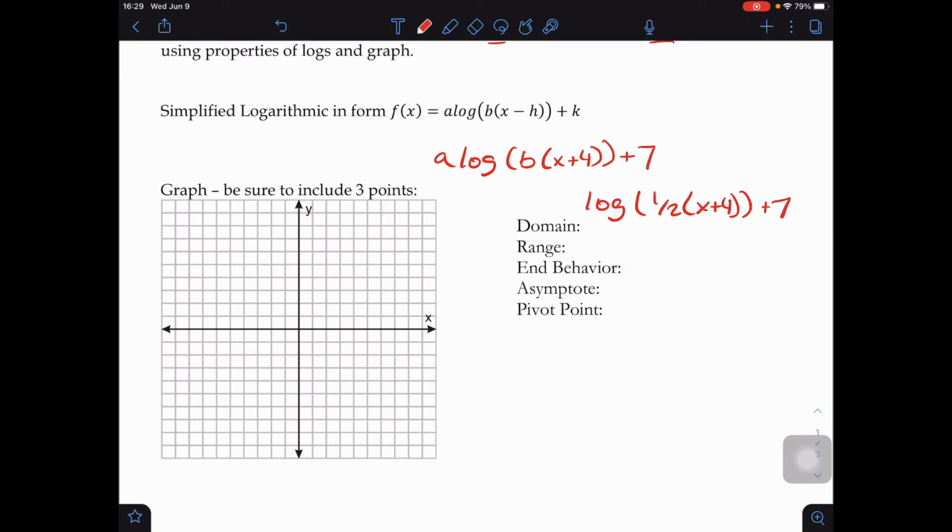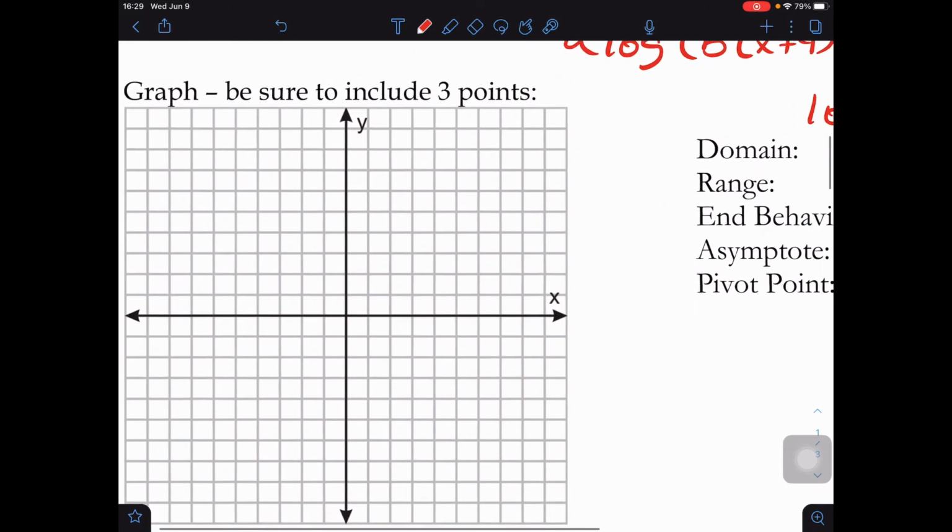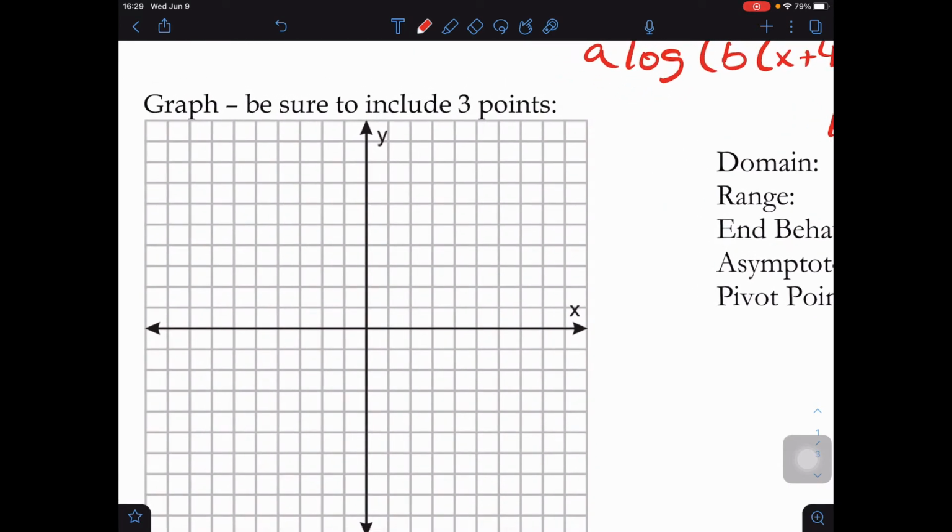As you can probably also put in quite a few values. So at the y-intercept, it's roughly 0 and 7.3. So 1, 2, 3, 4, 5, 6, 7.3. So it's roughly like that.